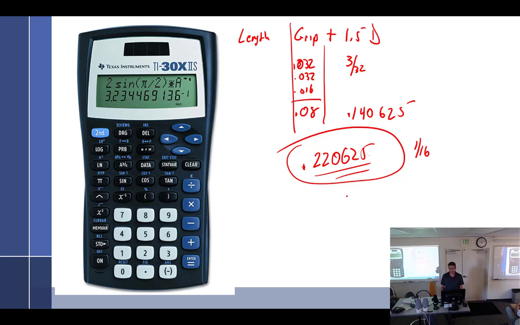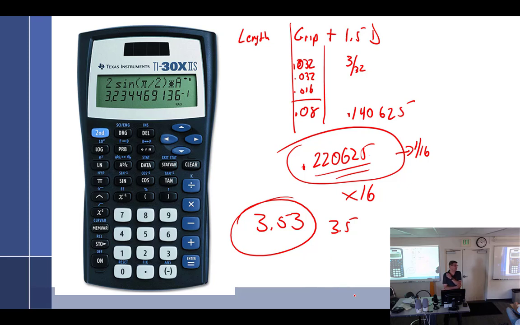So how do I convert 0.220625 to a 16th of an inch? Multiply by 16. What do you get? 3.53. So you're going to need a 4/16. All right, so what size rivet do I need? A 3.5. They make them in halves.